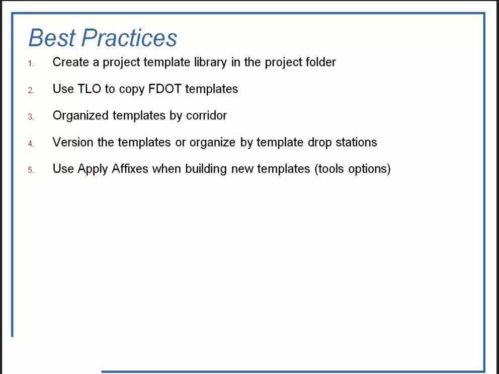Obviously, make sure you're using the apply affixes when building new templates. That's under tools options, and also make sure you're using the dynamic settings, because that's how you can visually see if you're adding the affixes or not. It only takes one or two projects where you have a left underbar, right underbar, and then the point name to where you realize, oh darn, I wasn't paying attention to my apply affixes.